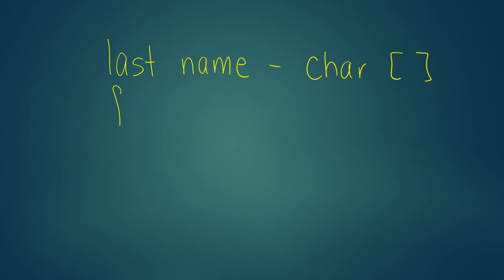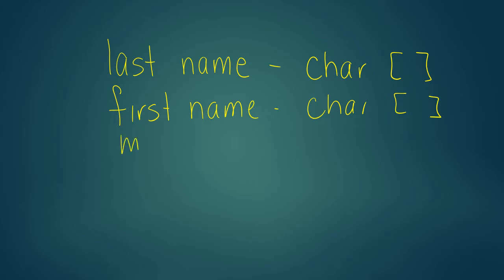A student would have maybe a first name, and to store the first name I would also use a character array or a string. And a student might have a middle initial, and to store the middle initial, I would use a character.